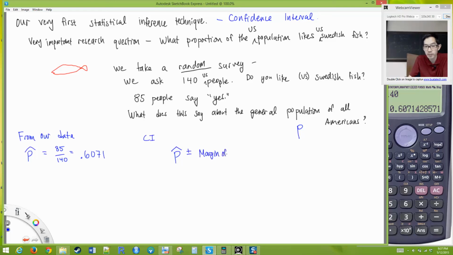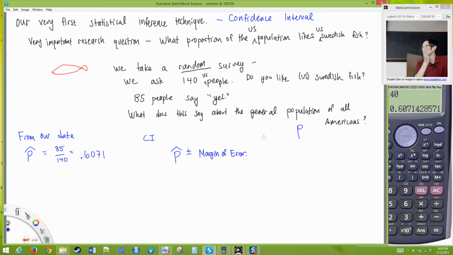Often around election time, they'll say candidate Jones for governor is leading with 52%, with a 2% margin of error or something like that.